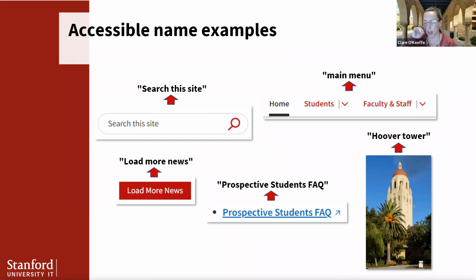And then the one above that, I'm not necessarily talking about the links and buttons that are shown there, but this thing as a whole is a navigation area on a website. And so that navigation area itself can have a name. And this one is called "main menu." And then the links inside of that would have their own, separate individual accessible names.